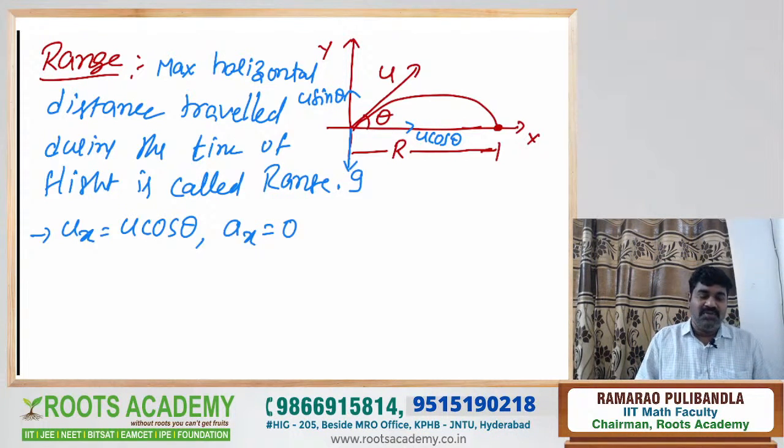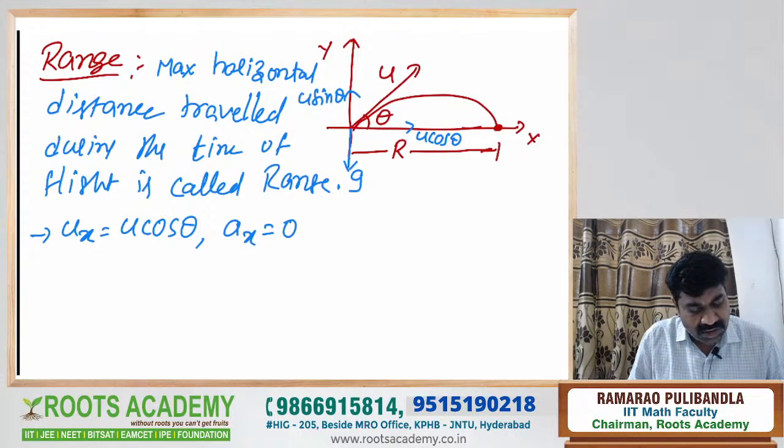Gravity acts only in the downward direction, so along the horizontal direction no force acts, so ax is equal to 0. We want to find the displacement along the x-axis, which is the range, and time t is the time of flight.